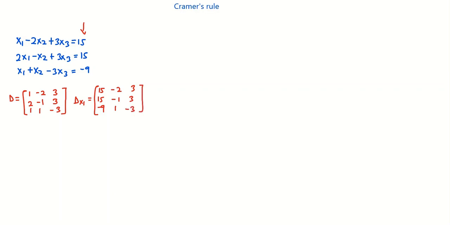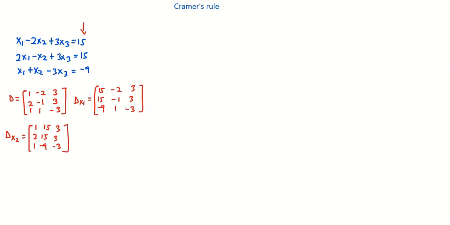Then you're going to have another matrix which will be dx2. For this one, the first column is going to be 1, 2, 1. Then the second column will be the right hand side, which is 15, 15, minus 9. And then you're going to have 3, 3, minus 3.